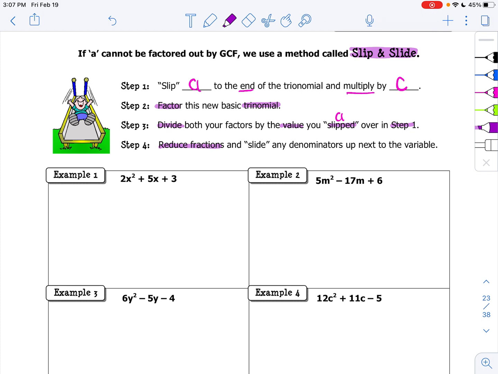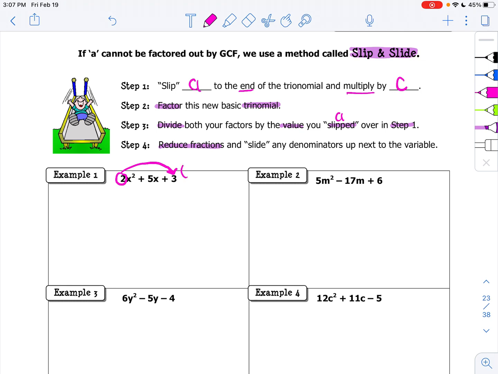In number 1, you can see that we have a trinomial, and then you can see that the leading coefficient is bigger than 1. It is 2. So our first step is to slip the a to the end of the trinomial and multiply it by c. So we're going to take the 2, which is our a, slip it to the end, and multiply it by 3.